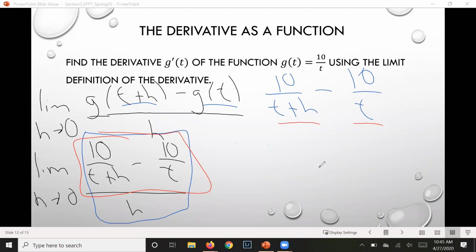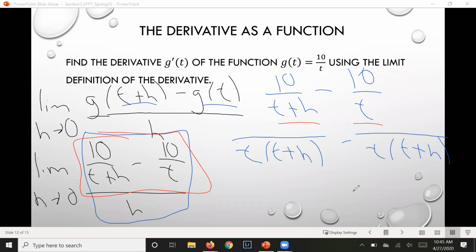Between t plus h and t, I know the fraction on the right has a t in the denominator, and so you might think maybe we can just add h, but that's not the way fractions work. In this case, we actually need to multiply the two denominators to get our common denominator. So it'll become t times t plus h, and we'll have t times t plus h as the denominator here.